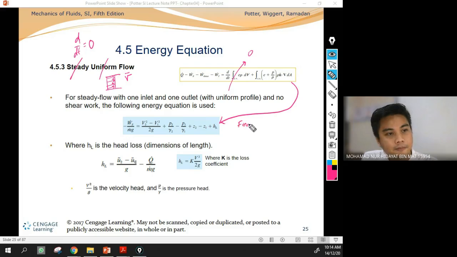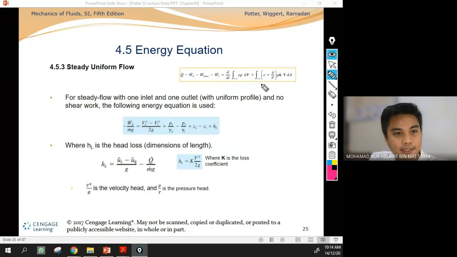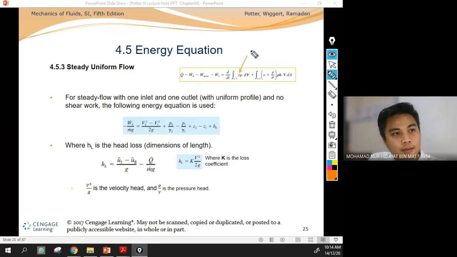This is the final form, right? You must wonder why there is H loss. All right, I would like to show you there is the loss because of this. Okay, remember we have E. E is equal to V squared over 2 plus gZ plus U, right?